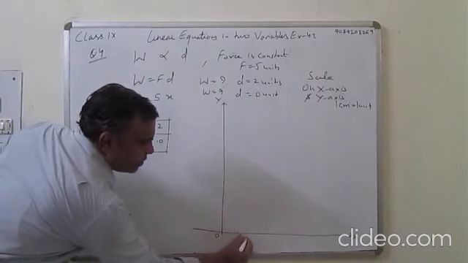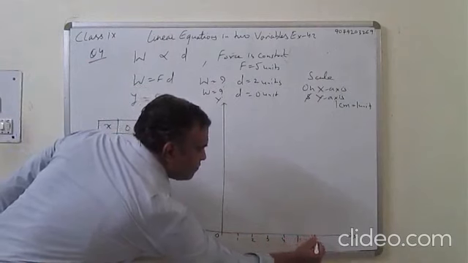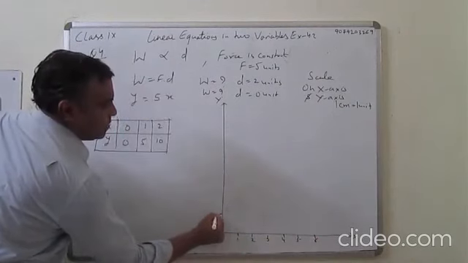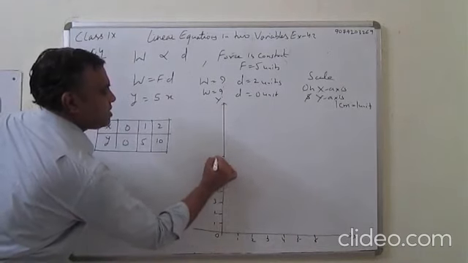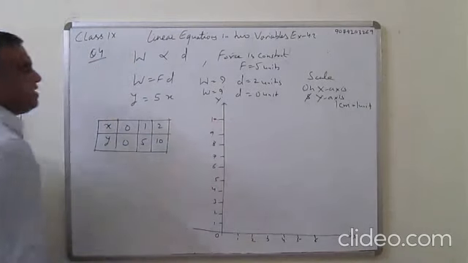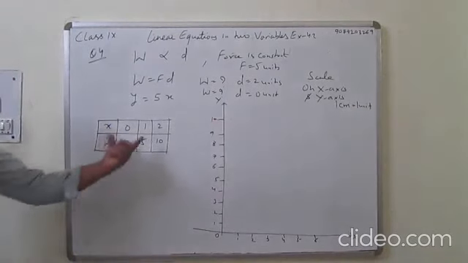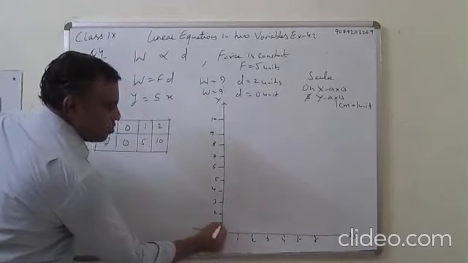So 1, 2, 3, 4, 5, 6, 1, 2, 3, 4, 5, 6, 7, 8, 9 and 10. All are positive, so it is in the first quadrant. This is 0, 0, first point.